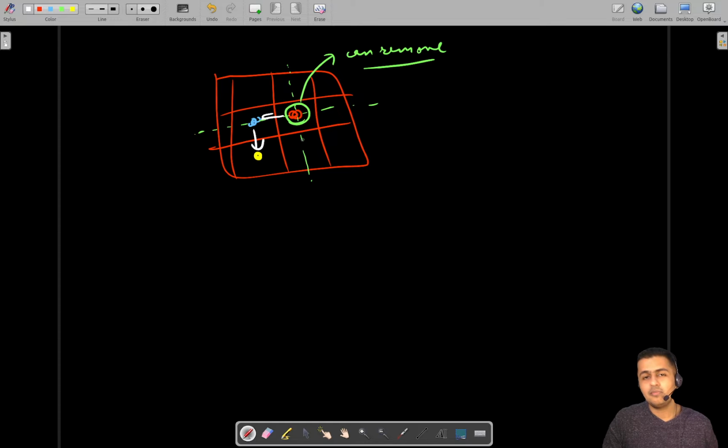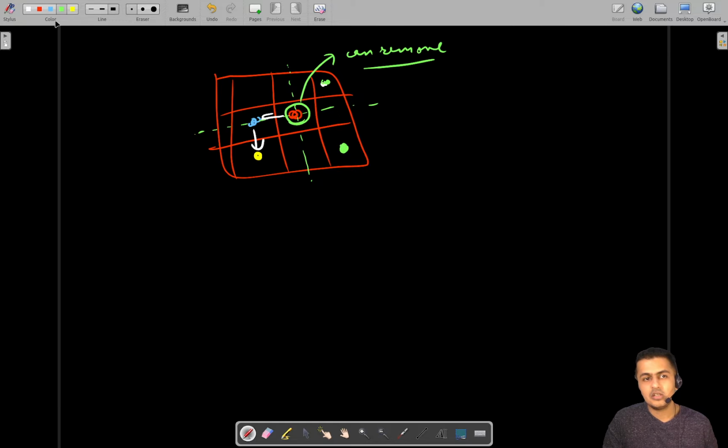So they were present in a group, and now you should be understanding that there can be many groups which are connected with each other by sharing the rows and columns. Okay, so let's say there is another white stone, and this white stone is again sharing a row with this green stone.